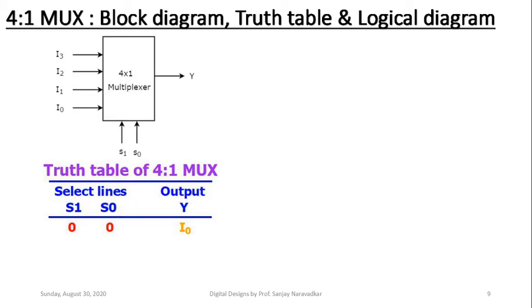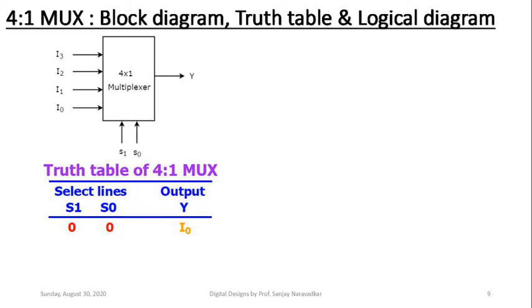So whenever select lines are 0 0, S1 S0 both are 0 0, in that case the very first input here designated as I0 will be selected and that will be connected to final output here. So output Y is equal to I0, which you can observe in the first entry of that below truth table.